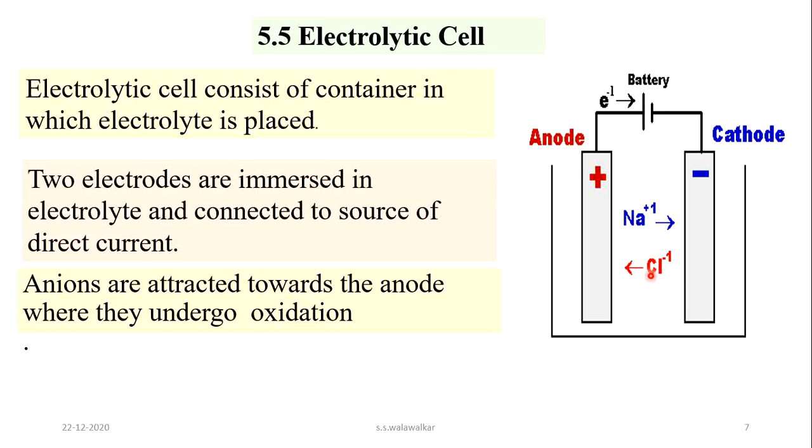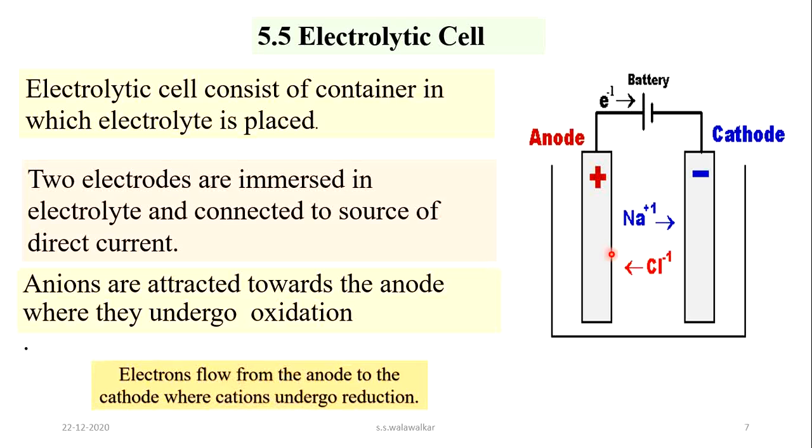And when electricity is passed through this, anions, negatively charged ions, migrate towards the anode which is positively charged, and at the anode they get discharged, they lose their charge, that means they lose electrons, that means oxidation takes place.